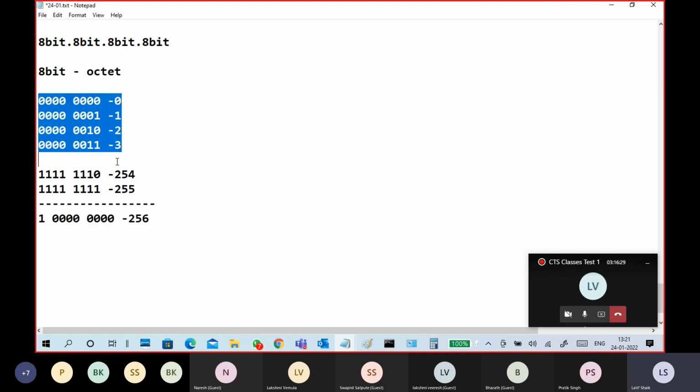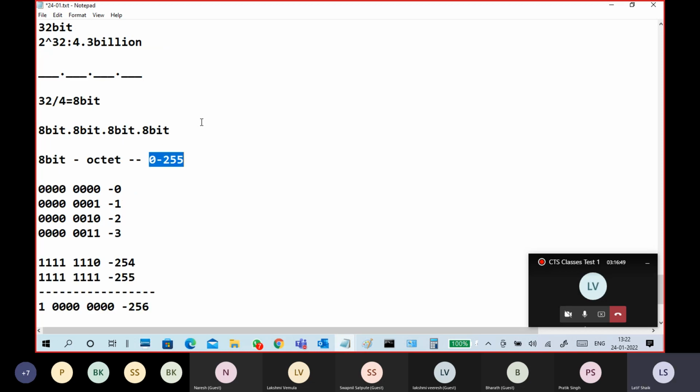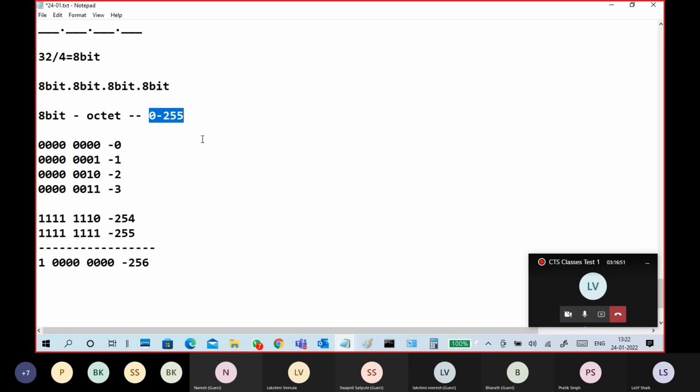So our range is 0 to 255 only. Each octet size is how much? 0 to 255 only. Each octet size is 0 to 255.